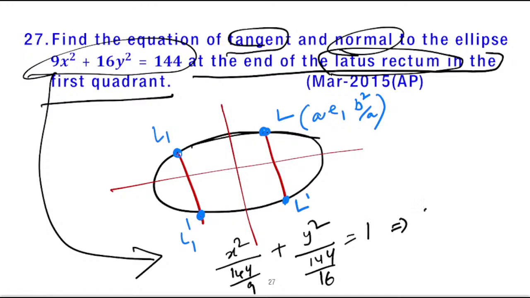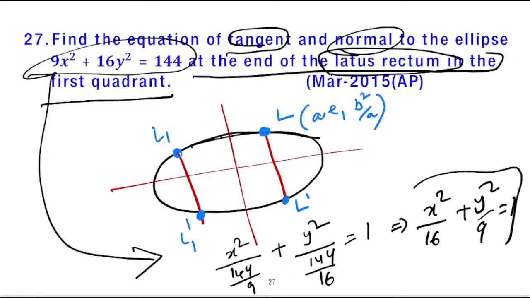On cancelling, x square by 16, y square by 9 equal to 1. This is our ellipse equation. So can you say what is a? a is 4, b is 3.